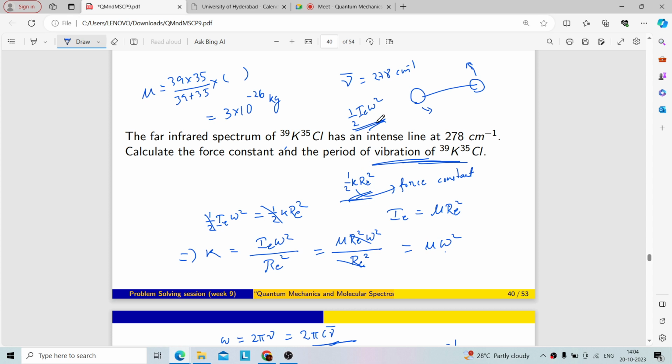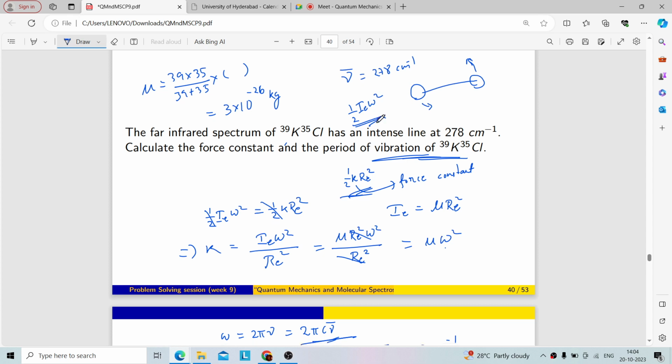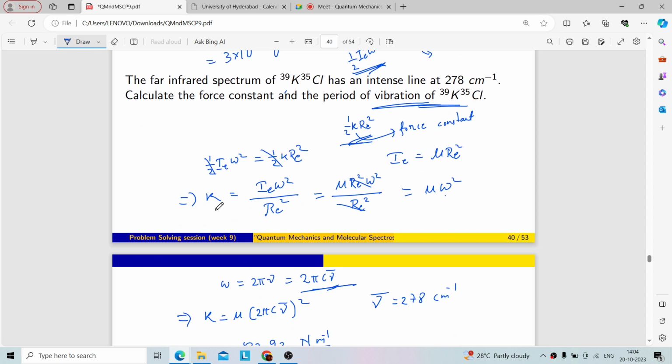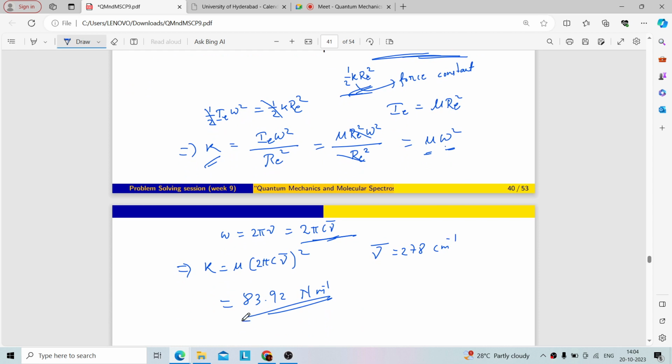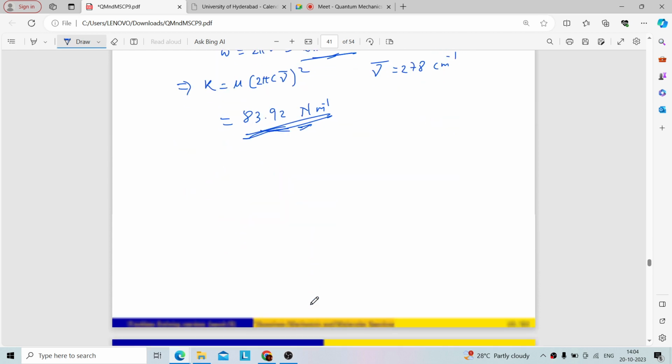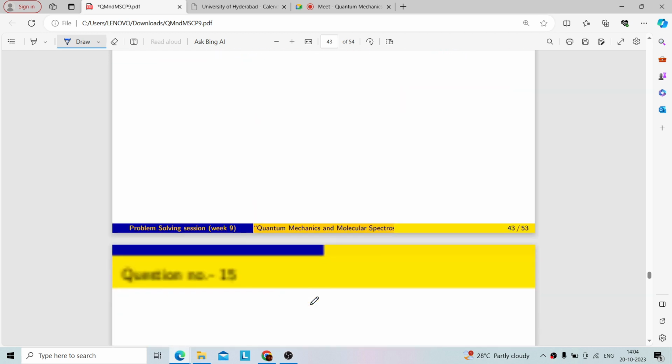Equating these two energies and solving, we get the force constant k in terms of reduced mass and angular frequency. Further solving gives the force constant to be 83.92 Newton per meter. Okay, now moving on to the next question.